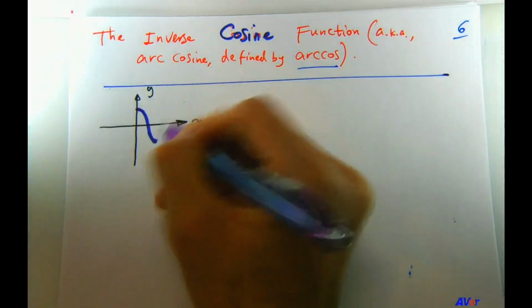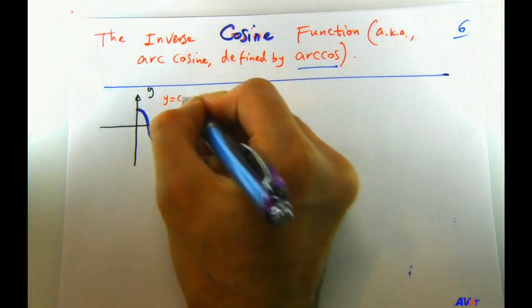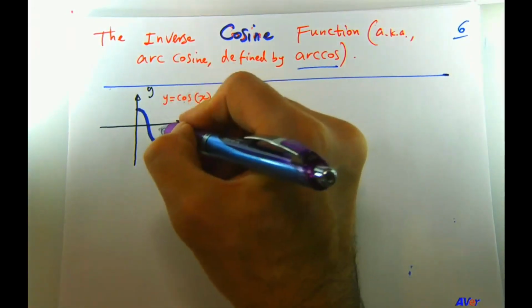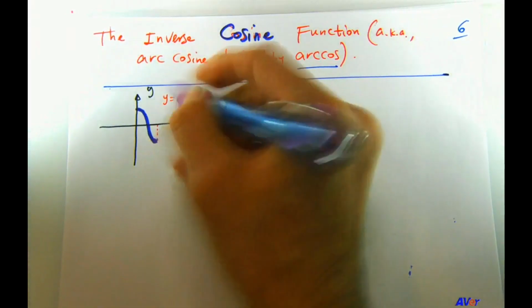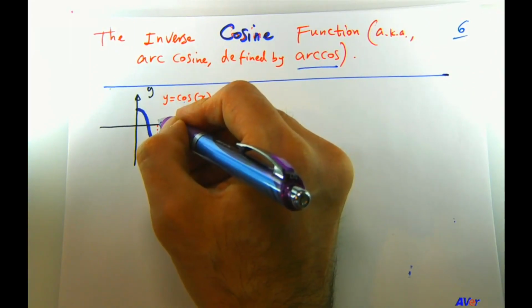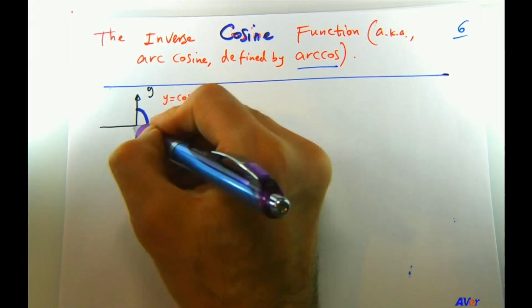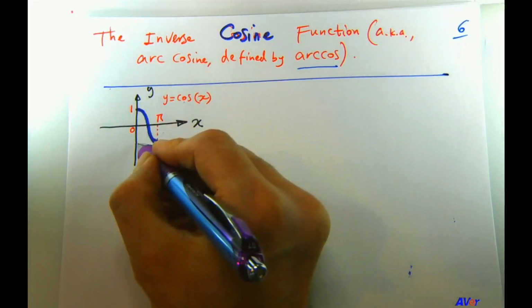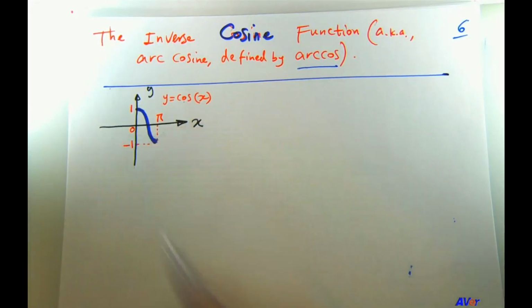And this is y equals cosine of x. That's the graph of that. We decided to restrict this domain to 0 to pi, I believe, yes. So 0 to pi. And this is 1. And from here, this is negative 1.